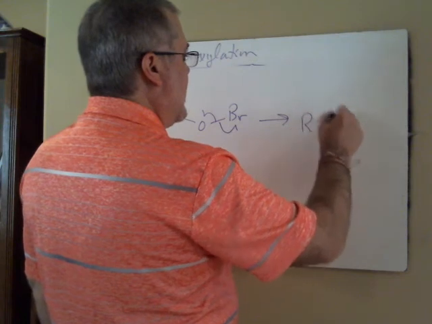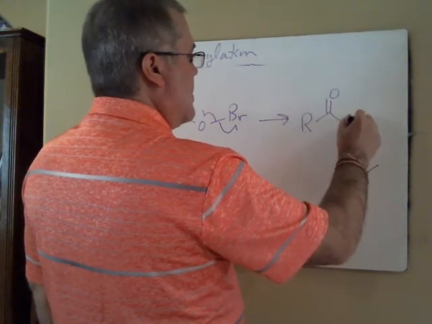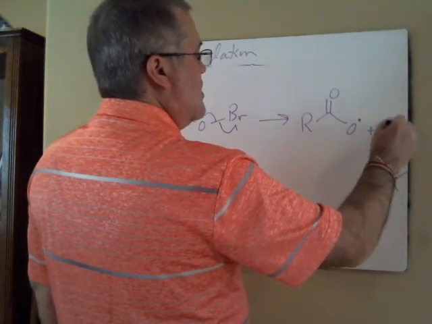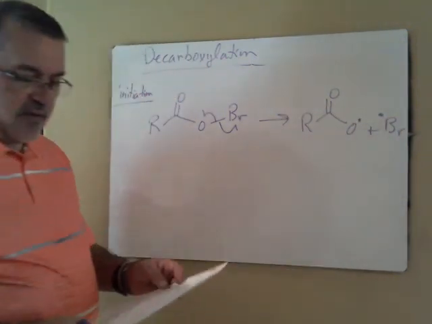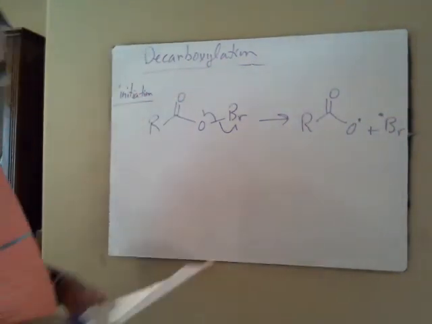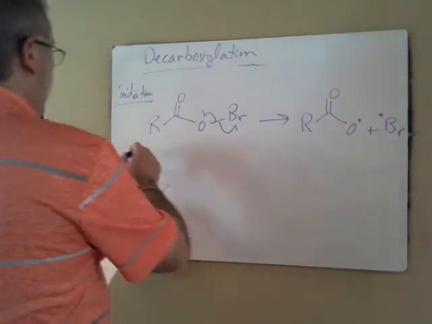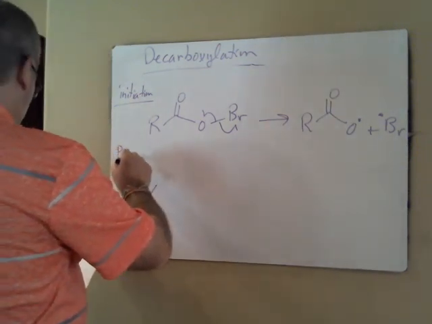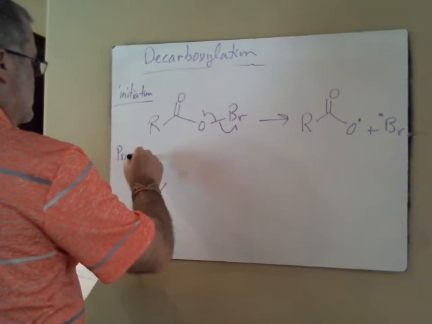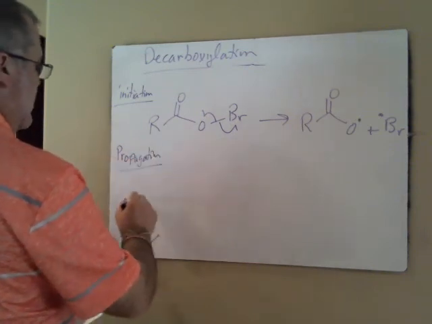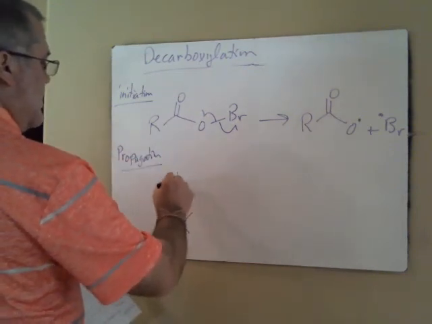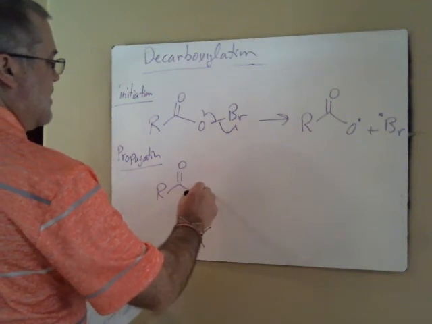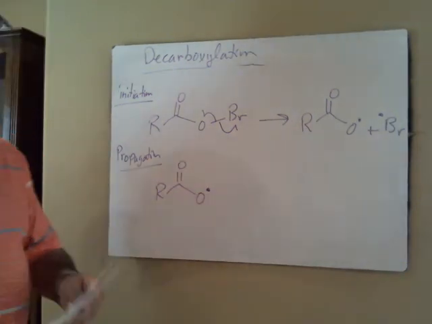When you do that, you're going to form these two radicals. Once that forms, you enter the propagation steps. So I'm going to draw my carboxyl radical that has formed.